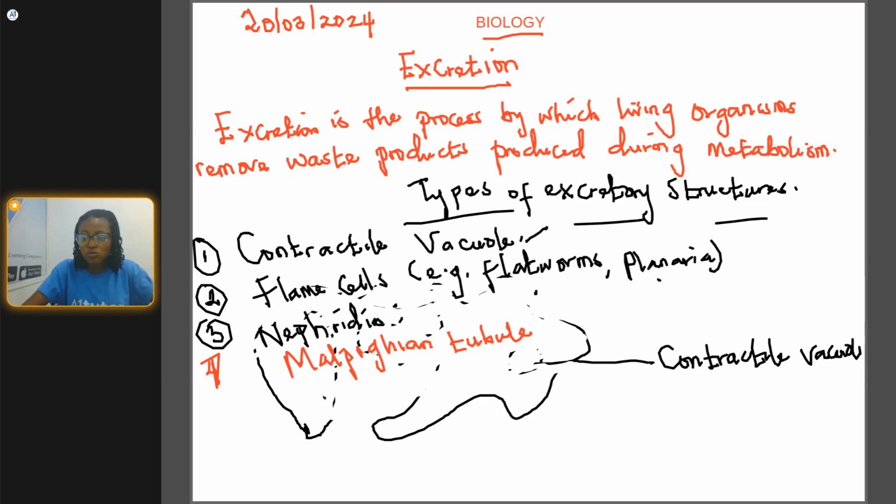It helps to remove waste, and I'm going to show you an example of an insect that has Malpighian tubule.